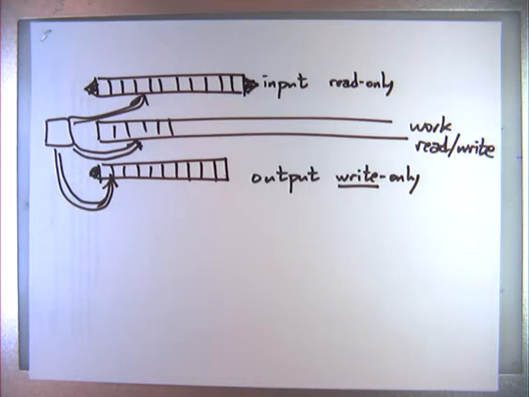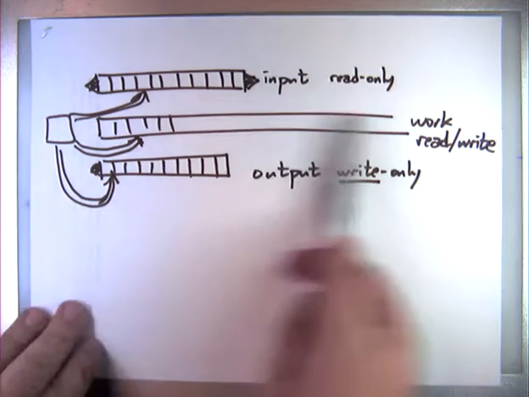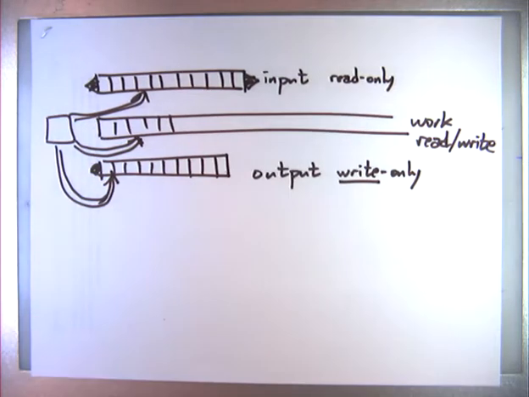So this allows me to assume without loss of generality that whenever I run the Turing machine, the input is not going to be destroyed, because I may want to call several different Turing machines using the same input string. The output is not going to clobber the input. I don't have to worry about cleaning up the work tape when I'm done.